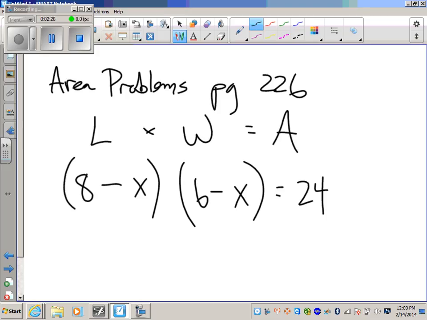So we're going to factor this through. We're going to have to FOIL. It's going to be a little backwards until we get things together.